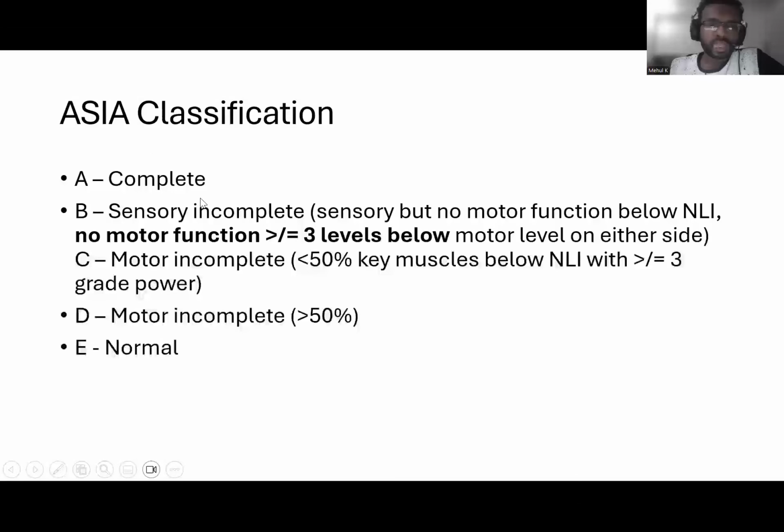So A is complete, very bad. ASIA E is basically normal, and everything else is in between, B, C, and D.